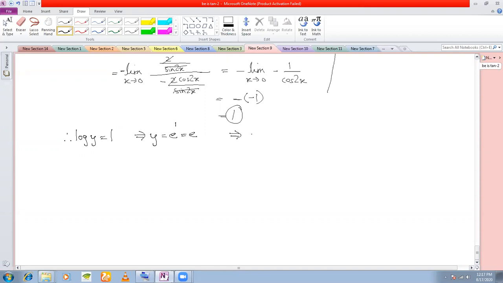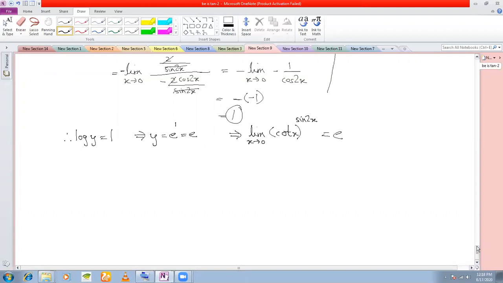So the limit x tends to 0 of cot x to the power of sine 2x must be equal to e. What is the answer? Answer is 1. Oh, we have got e.